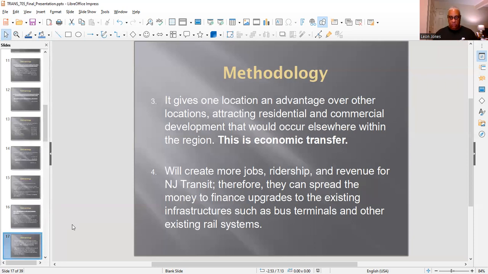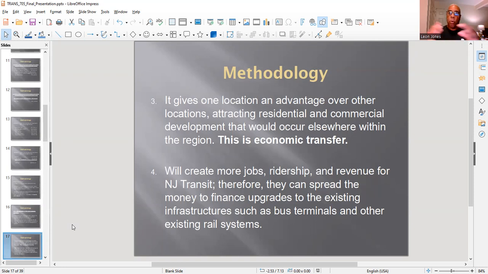Therefore, the citizens or residents, or the government, again, New Jersey Transit, private and public firms, municipalities, they can basically spread the money to finance upgrades to the existing infrastructures, such as bus terminals and other existing rail systems.